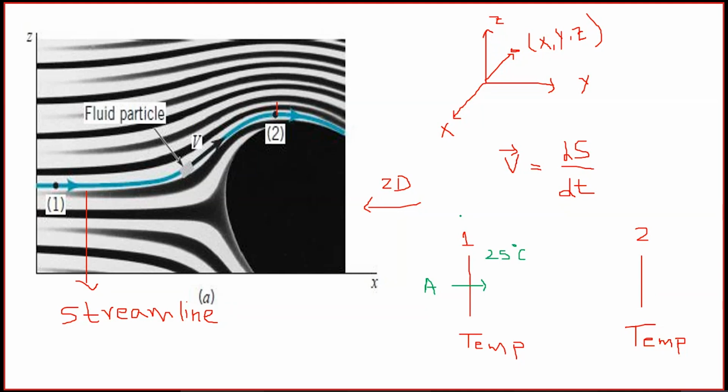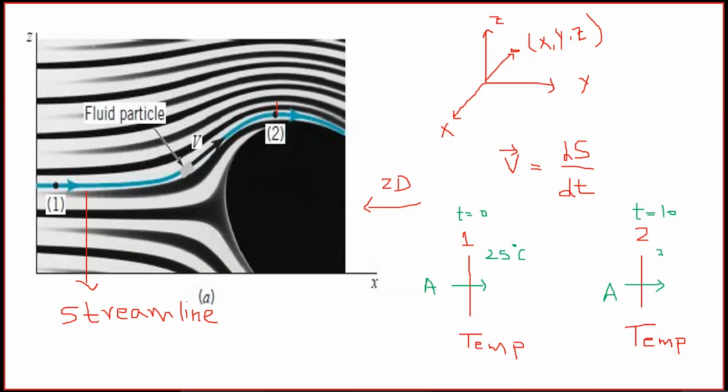Let's say this reading is termed as at time equals 0. At situation 2, the person passes after 10 seconds, which is time equals 10 seconds. Person A passes from here and the sensor again measures the temperature.